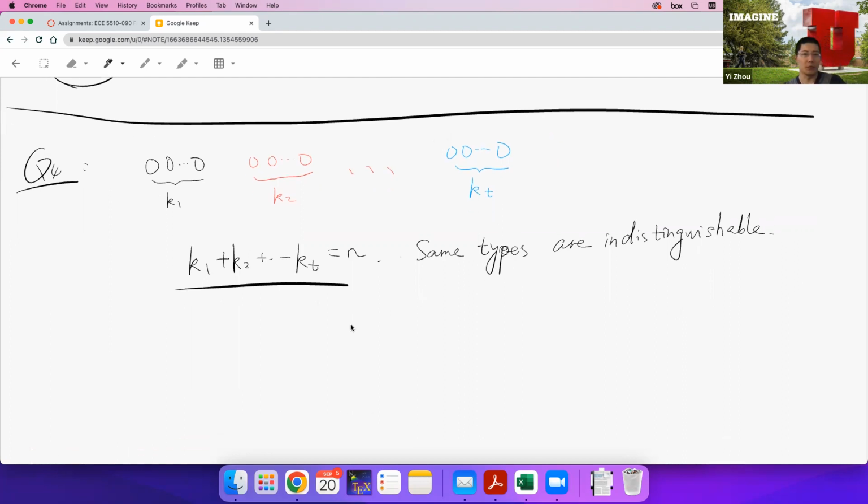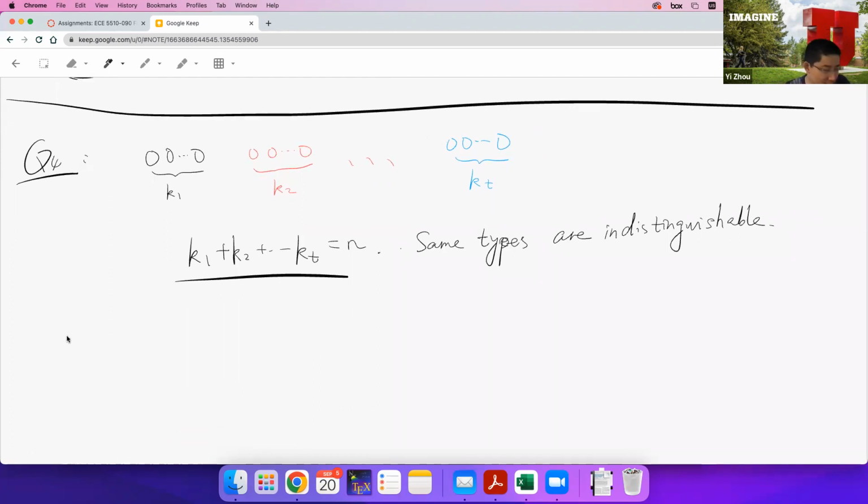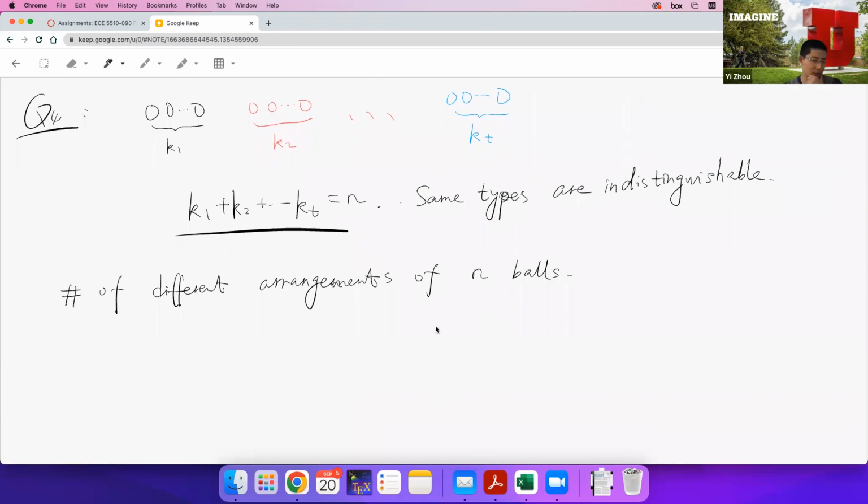What do we want to look at? We want to look at the number of different arrangements of all these balls. So you place all these N balls in N positions.